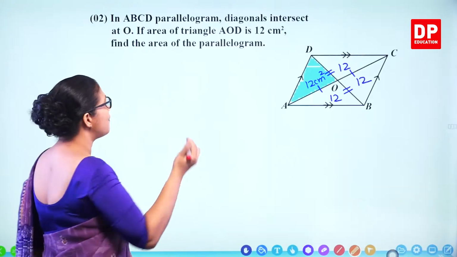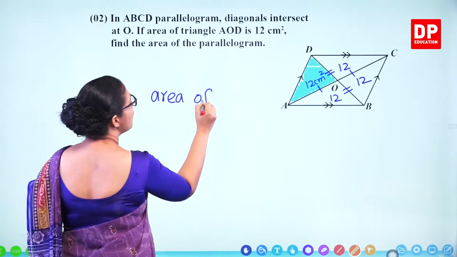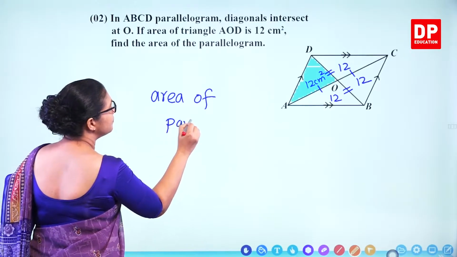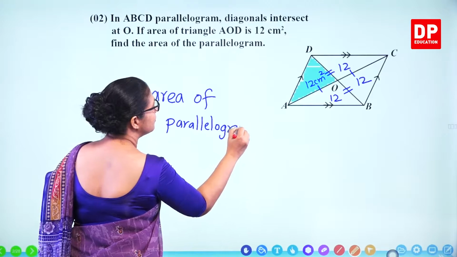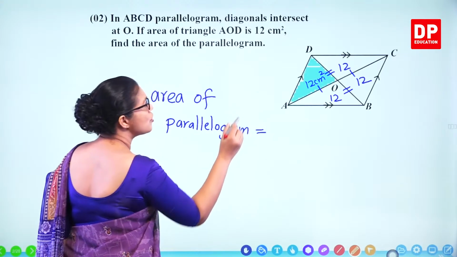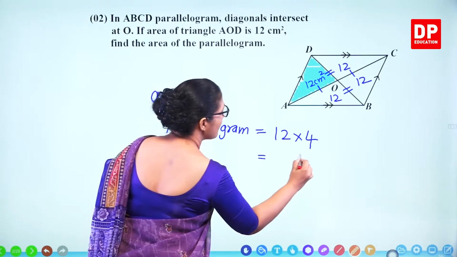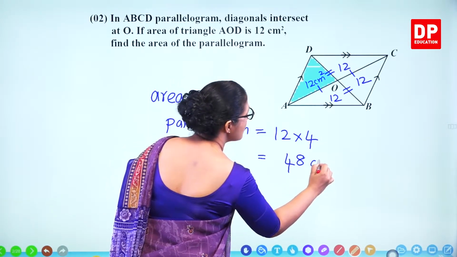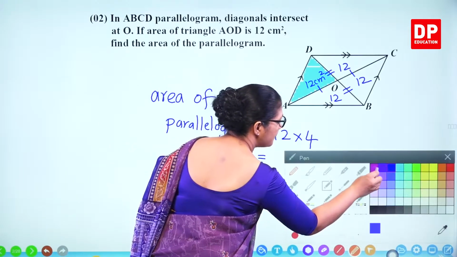So we can easily find the area of the parallelogram, which is equal to 12 times 4, 48 square centimeters. So you get 2 marks there.